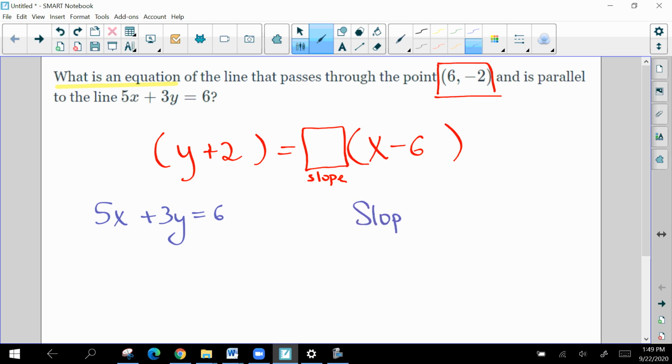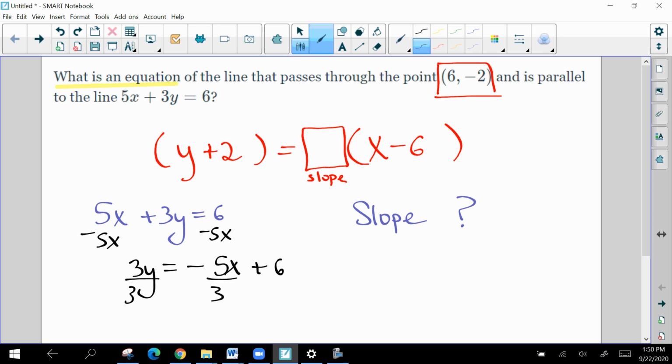We are going to rearrange that equation and get y by itself. So I'm going to subtract 5x, and you get 3y equals negative 5x plus 6. I'm going to divide everything by 3. And I can stop right here because the number in front of the x, or the coefficient, is my slope, so negative 5 over 3.